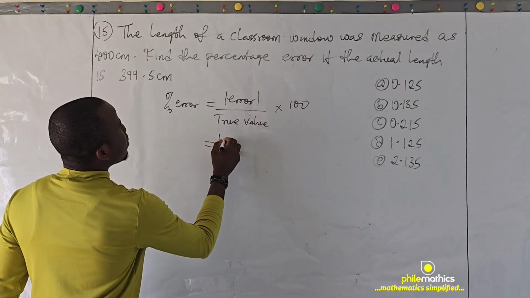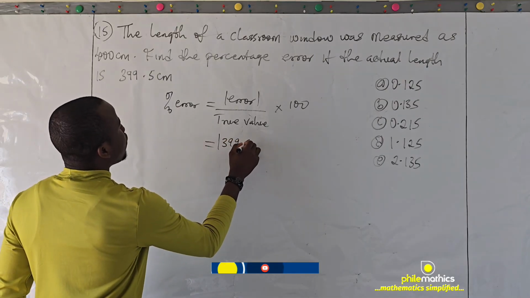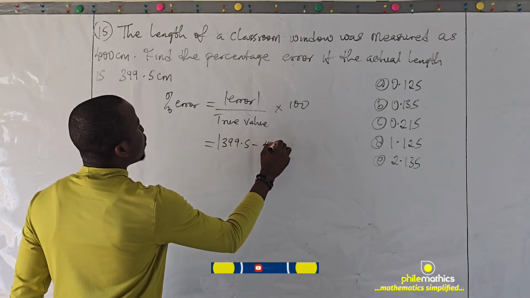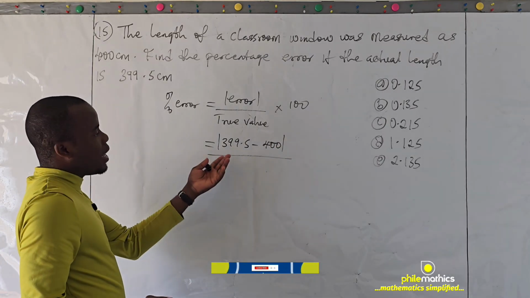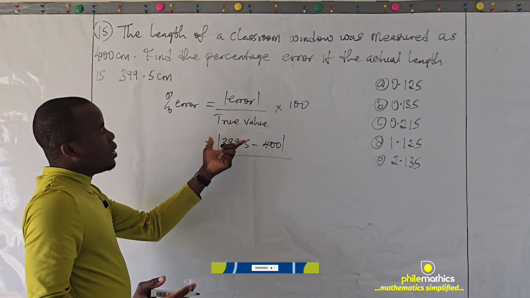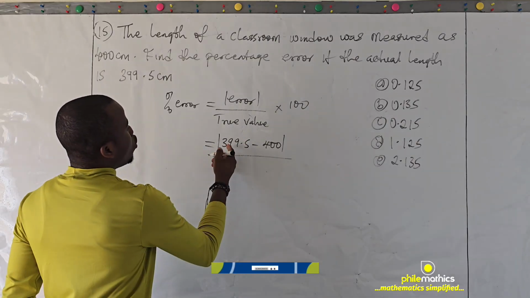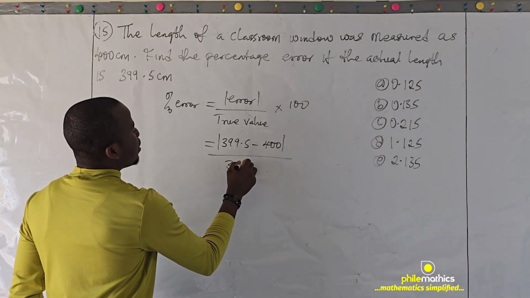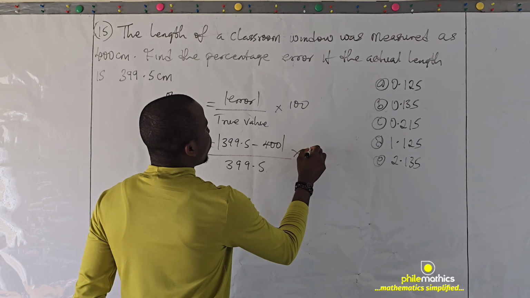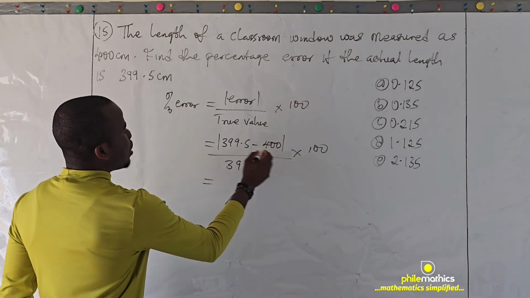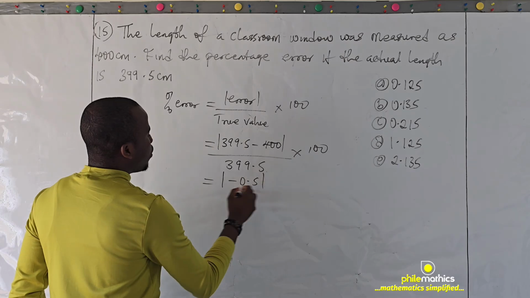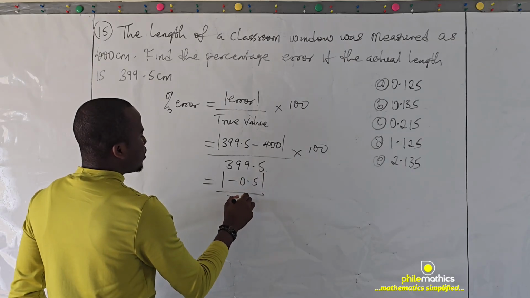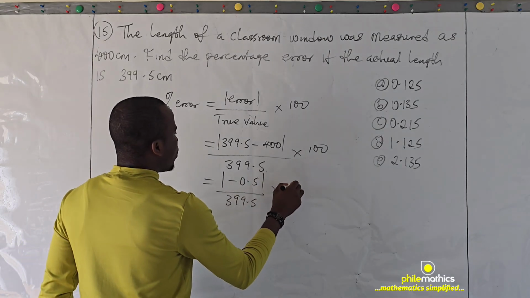So this is 399.5 minus 400. That is the essence of the absolute value. Or you could say 400 minus 399.5, in which case the absolute value will not be necessary. The true value is 399.5, times 100. If we subtract this, this is absolute value of minus 0.5 over 399.5 times 100.